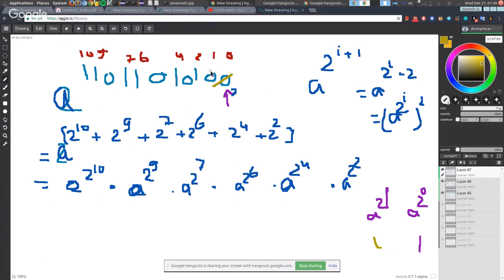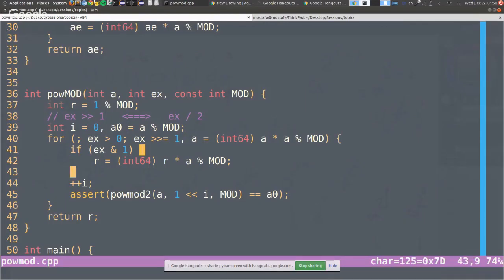Here we find the bit to be 1, so we multiply this term by the result; here we do nothing, and here we multiply by this value, and so on. We keep going until we multiply by all. Basically, that's the idea of the iterative version.